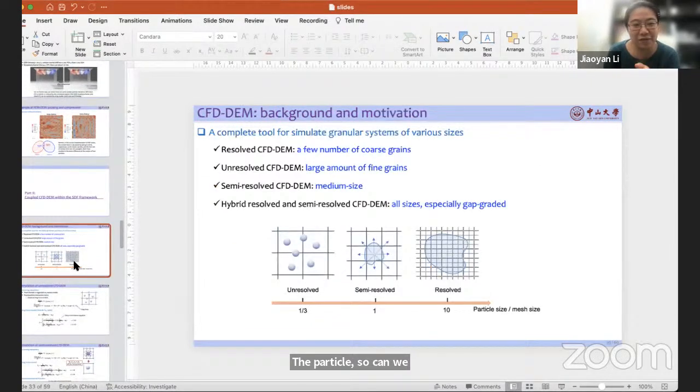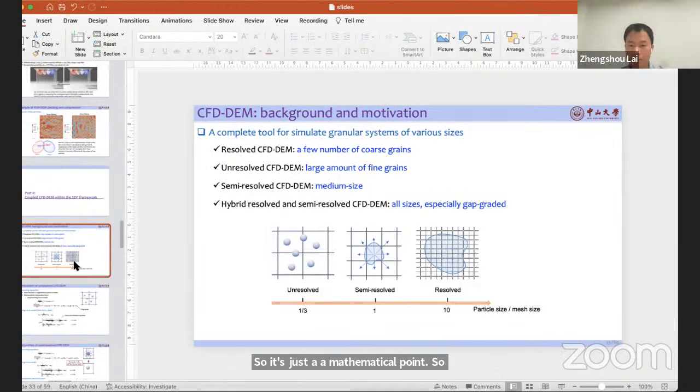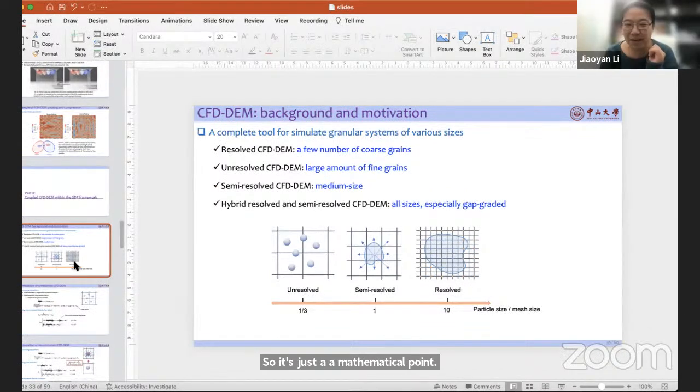According to your current framework, do you consider the unresolved case just as a mathematical point? You don't consider the shape of the particle, so it's just a mathematical point, and you do the interaction calibration between the fluid and the particle. So how do we consider this unresolved case?